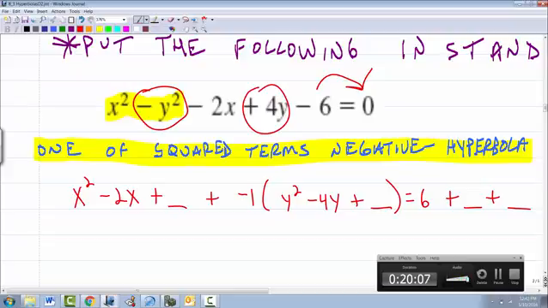We'll go in order, left to right. Tread lightly. -4. Because actually you added -4 to the left side, so you must add -4 to the right side. And then you'll see at the end why this is a hyperbola when we're done.